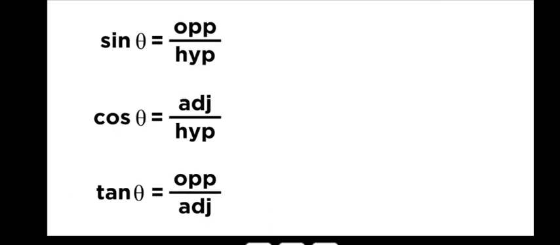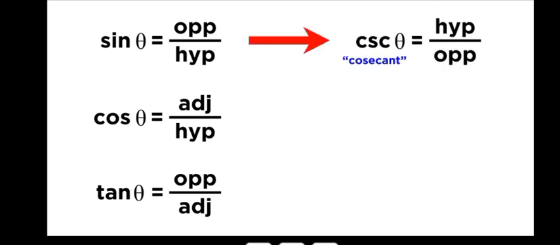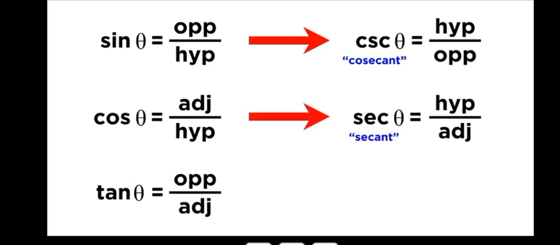Now we must learn the reciprocals of these functions. Cosecant is the reciprocal of sine. If sine is opposite over hypotenuse, cosecant is hypotenuse over opposite. Secant is the reciprocal of cosine, so instead of adjacent over hypotenuse, it's hypotenuse over adjacent.